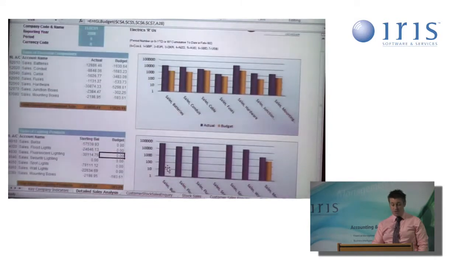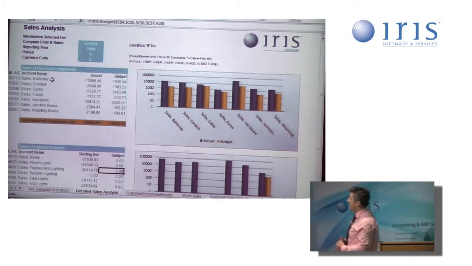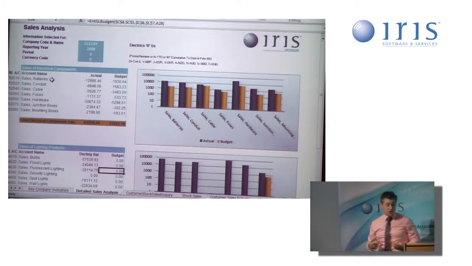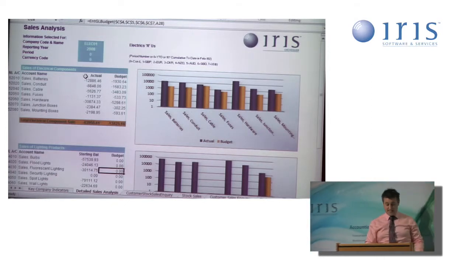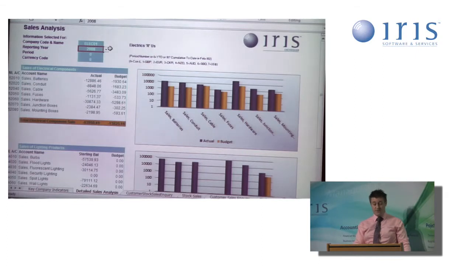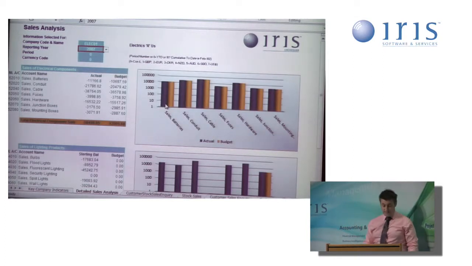In here, we've also got a detailed sales analysis. We're using NGL actual again against our sales general ledger codes to show us what our sales analysis is, in this case for 2008. If I wanted to see a different year, I could simply choose a different year like so, and it will update those values accordingly. I'll just return to 2008.